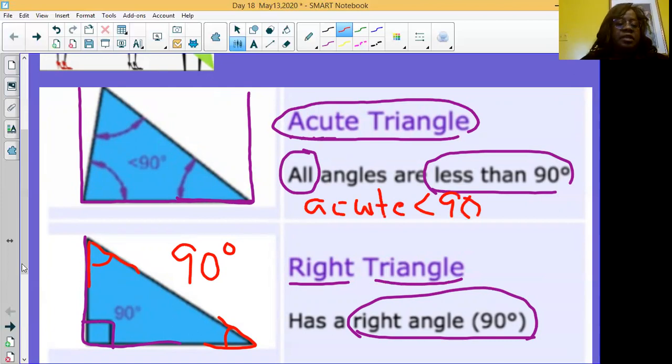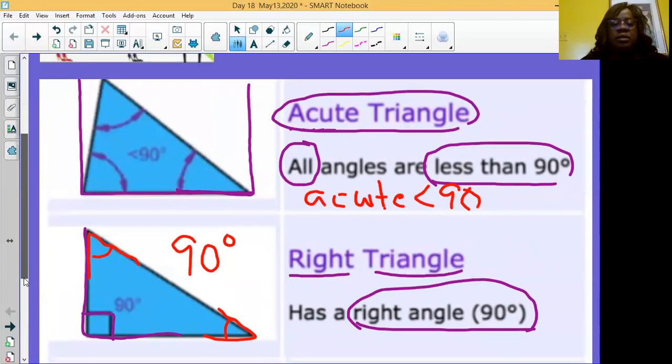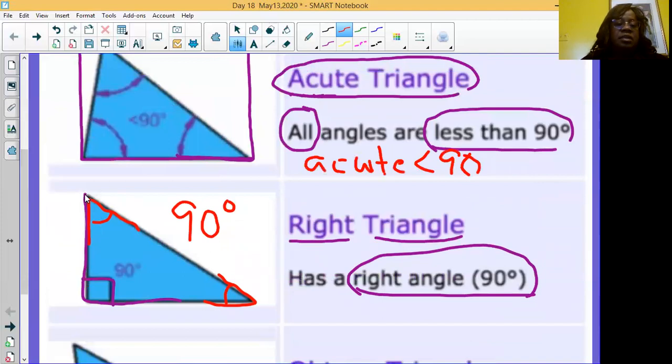Therefore, 90 is more than the acute angle. So 90 trumps these two angles. My right angle right here trumps this angle, and it trumps this angle. So this would make this a right triangle. The higher degree of the angle trumps, and that helps to remember what it would be called. It becomes a right triangle because 90 is greater than acute and acute.